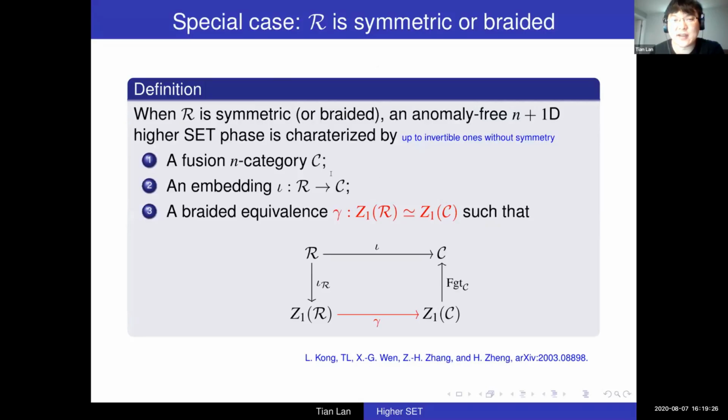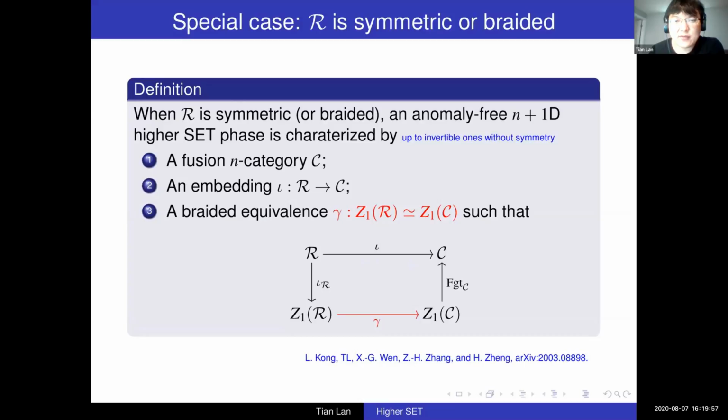First, a fusion category C of the macroscopic observables, second, an embedding that embeds the symmetry into C, and third, a braided equivalence between the bulks. If you first lift R into the bulk, apply this equivalence and forget, it should coincide with the embedding in the second data.